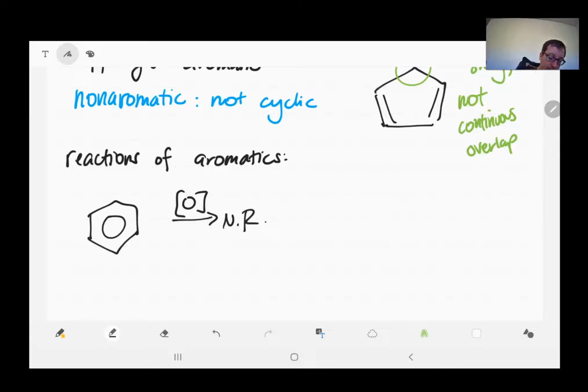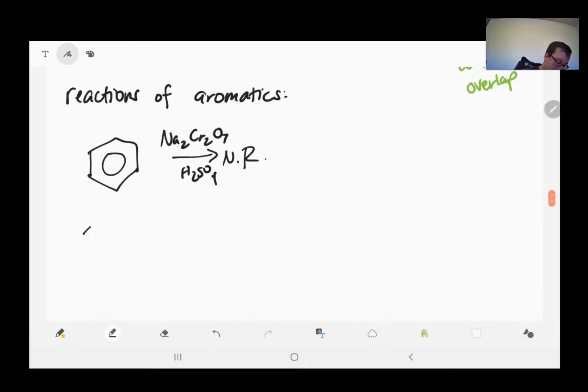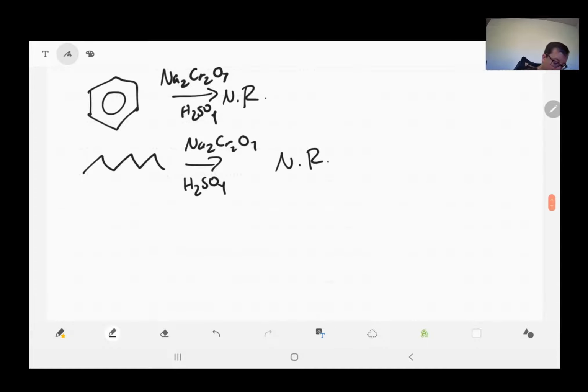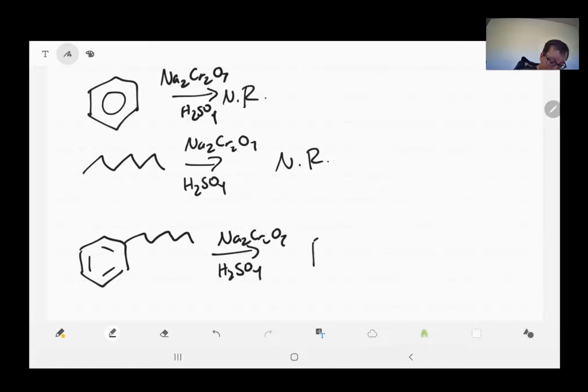And we could use something like chromic acid. If you put chromic acid on this, something that's a very, very strong oxidizing agent, we get no reaction. Interestingly, if we do the same thing with just an alkane, we also get no reaction. But if we put them together, we now get something that happens.